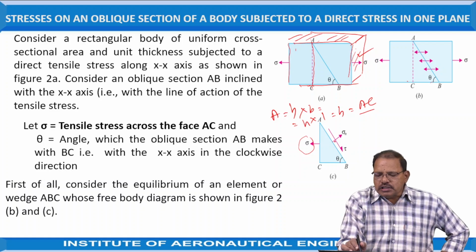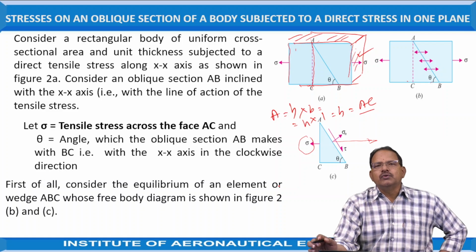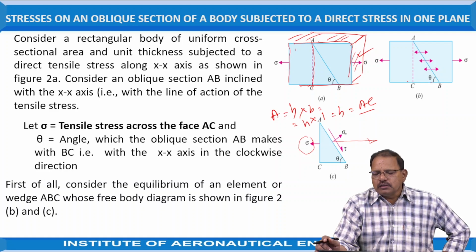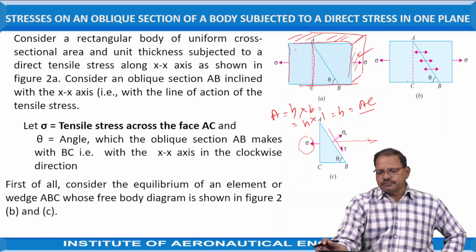The resultant toward the right-hand side is resolved into two components, along the plane AB as well as perpendicular to the plane. We have to find the magnitudes of the shear and tensile stresses acting on the oblique plane AB, whose resultant is sigma.